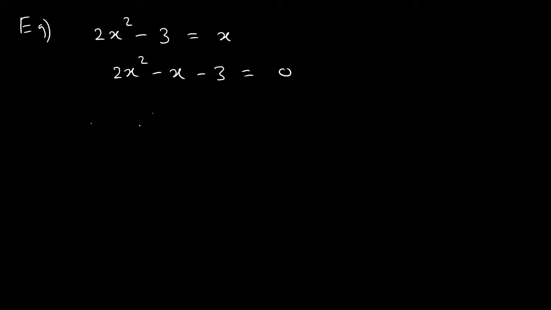Now I'm going to use the factoring of AC product method. Actually in this case you can use the other method as well, because this 3 doesn't have many factors, so we can go with the easy method, just the factoring of C. So we have -3. This is a negative problem.